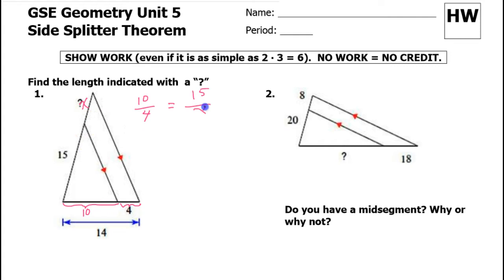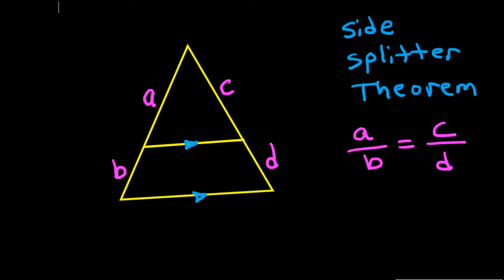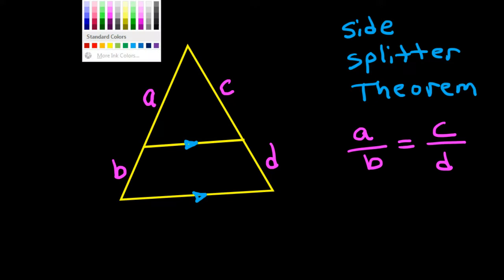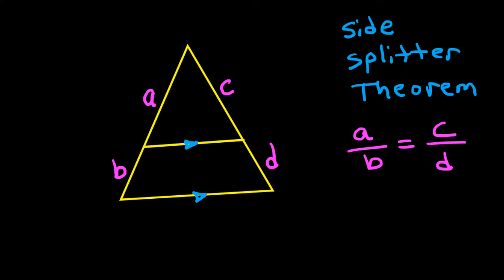So 15 over x, which is just the same thing as I was doing right here. Notice that, let's say I knew that this was x and this was y. I cannot use the x and the y. This is the side splitter theorem.